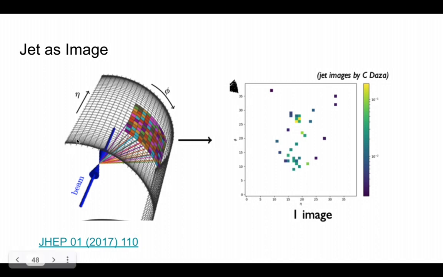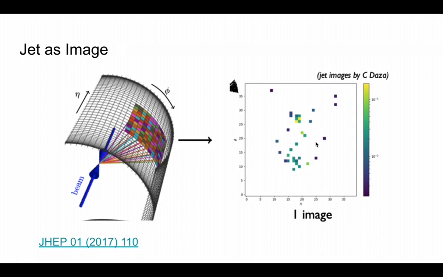We can describe the angular space of this cylinder in terms of the pseudorapidity eta and the azimuthal angle phi. Eta is a function of theta, which is the polar angle. The colorful things in this detector represent the detected energy in each of the detector cells. And we can flatten this detector into the eta-phi plane. Each dot here represents an energy deposition.